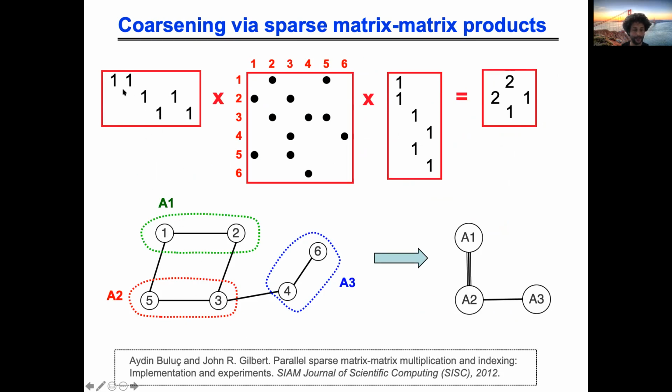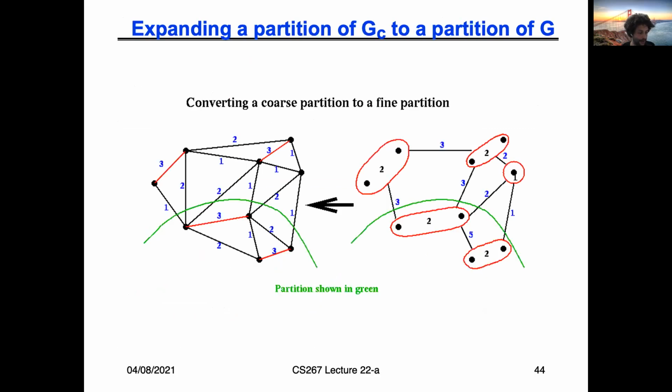So A1 is here, A2 is here, A3 is the third row. Multiply that with the original sparse matrix that represents the graph, and the transpose of the same auxiliary matrix, and you get the coarse graph. That's assuming you have a matching. You can apply this matching at each level, coarsen, and keep going, and you project back by just doing this backwards.